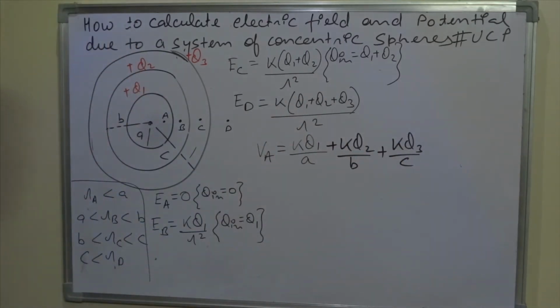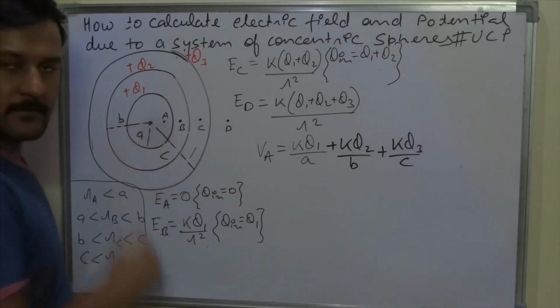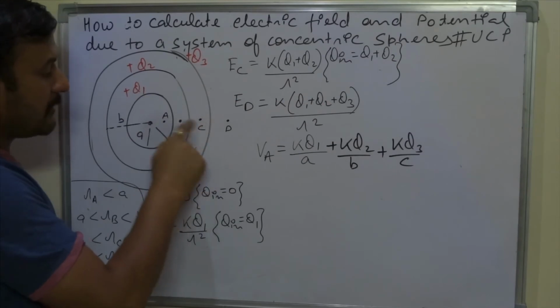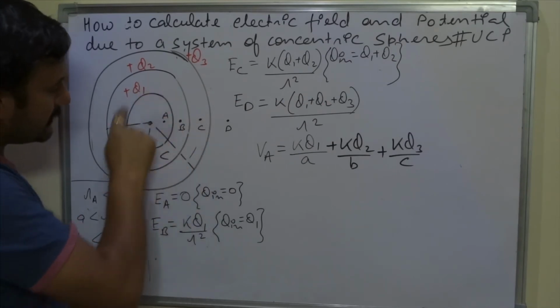Okay, now at point B. B is lying inside these two spheres and outside the smallest sphere.